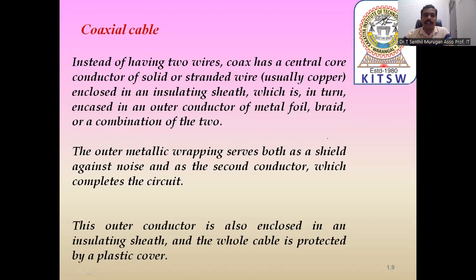That wire is considered the coaxial cable. Inside there is only one copper wire. It is enclosed with an insulating sheath, which is in turn encased in an outer conductor of metal foil, braid, or a combination of these two.